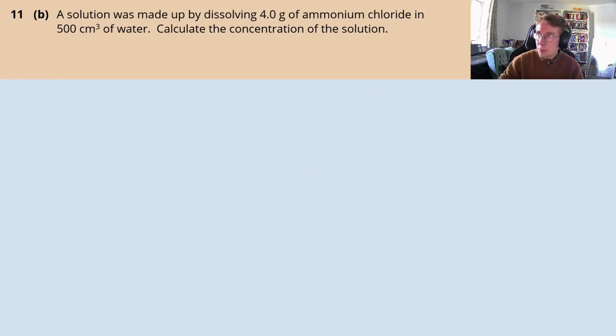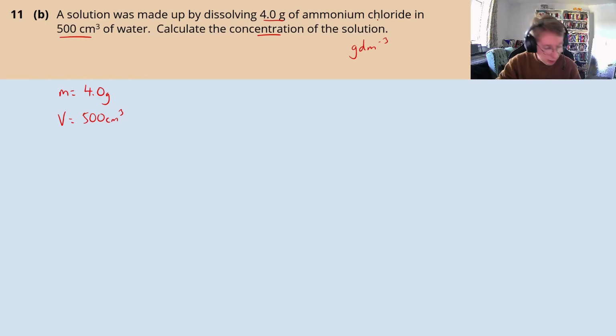11b is slightly different. This time we're told that a solution was made up by dissolving 4.0 grams of ammonium chloride, so I'll make a note of that mass because that will be useful. It's been dissolved in 500 centimeters cubed of water, and I need to calculate the concentration of this solution once again in grams per decimeters cubed.